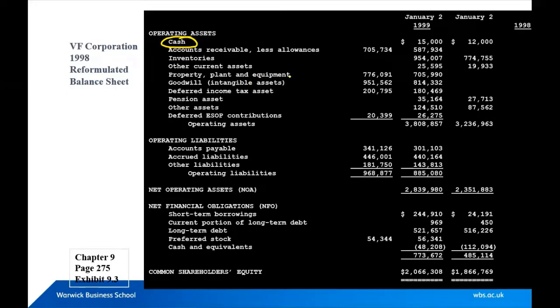Do we need cash only for investment activities, or we also need cash for operating activities? What do you think? We need cash for both operating and investing. But what do you think?